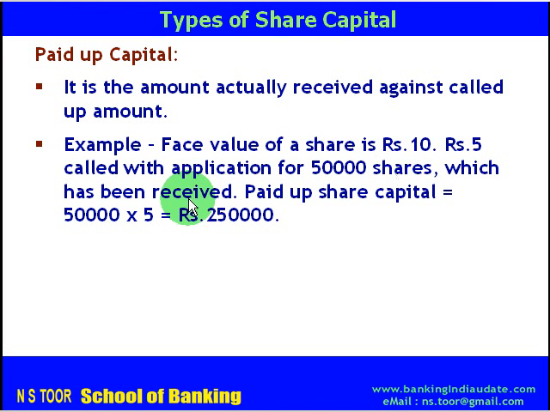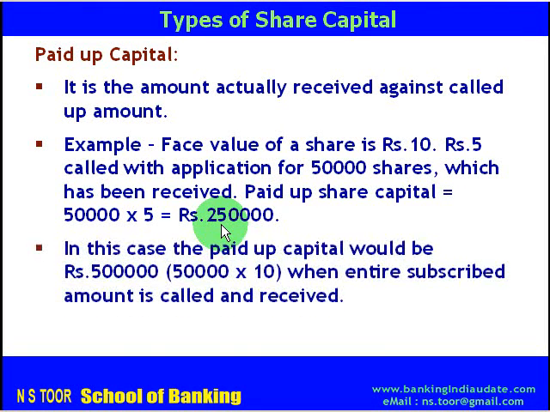So in this case, the paid up share capital will be 50,000 shares into rupees 5, which is the called up amount. So the total amount will be rupees 2,50,000. The paid up capital will be 5 lakh when the entire subscribed amount is called and received. So for the time being, it is 2,50,000. But when the balance amount is also called, the total paid up capital will come to rupees 5 lakh.